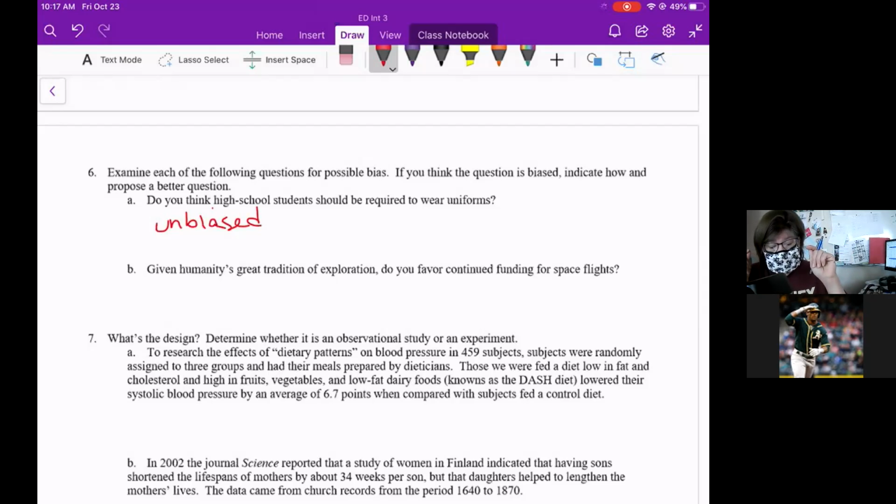Given humanity's great tradition of exploration, do you favor continued funding for space flights? Biased or unbiased? Biased. Why? Because they're asking, we've already been doing it, let's continue.